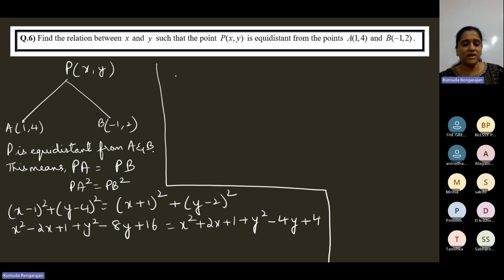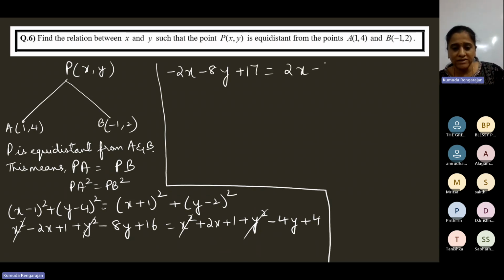Now we'll simplify the left-hand side. You can cancel x squared and y squared on either side, they get cancelled. Then you have minus 2x minus 8y plus 17 is equal to 2x minus 4y plus 5.